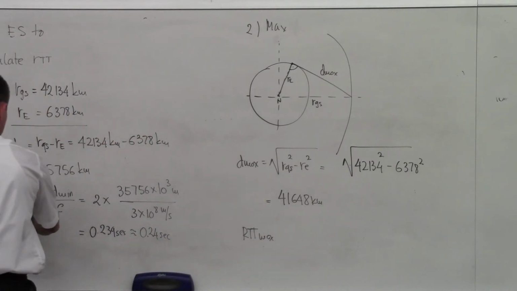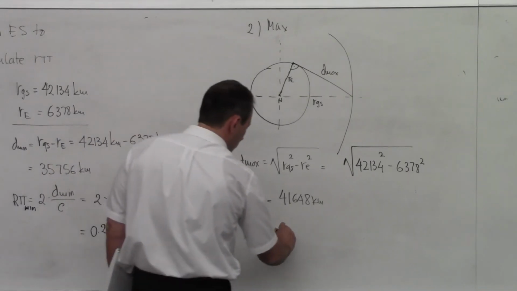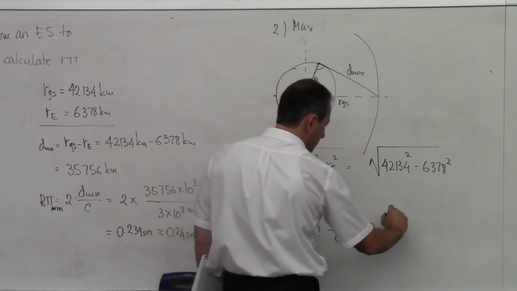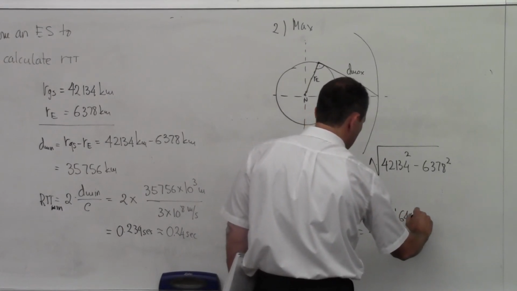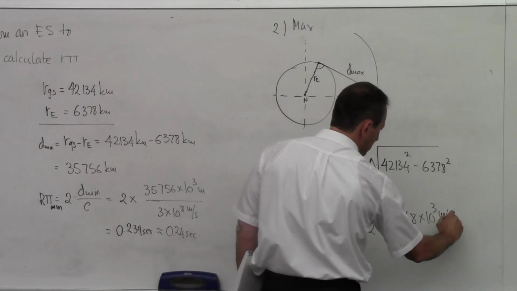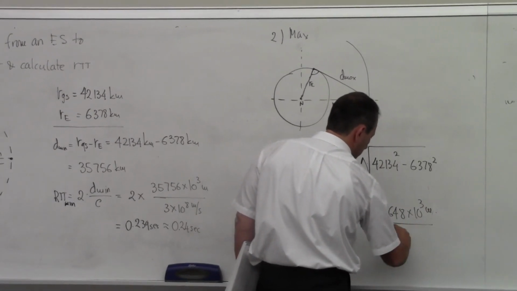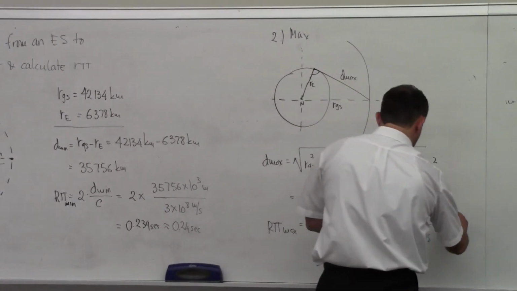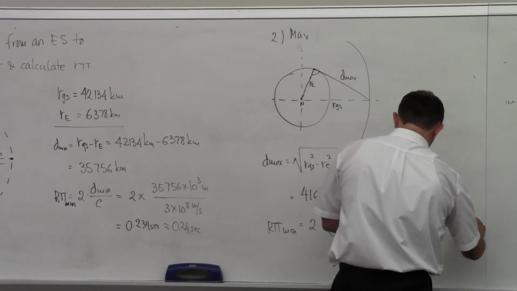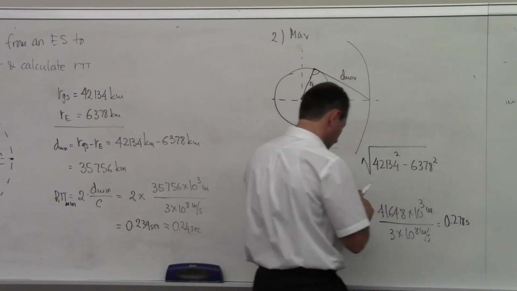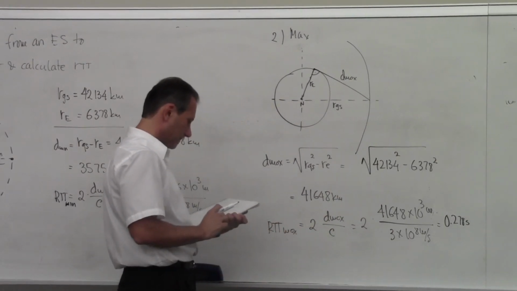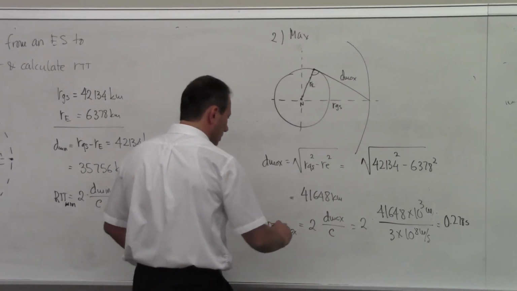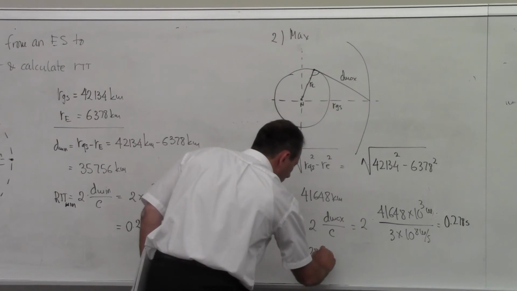This was round trip time min, this would be equal to 2 times D max over C, which in our case is 2 times 41,648 times 10 to the 3 meters divided by 3 times 10 to the 8 meters per second. And this gives you a round trip time of 0.278 seconds. It is wrong in the notes, where it says milliseconds, but it's not milliseconds, it's seconds. So, roughly 280 milliseconds.